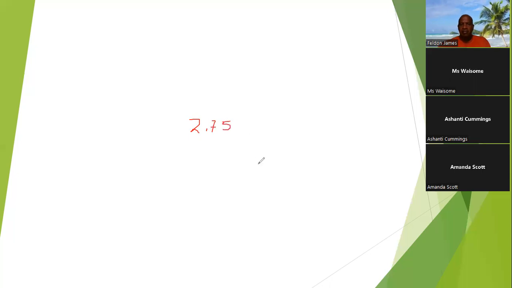Sir, the 75 behind the point would represent the power of 100. So in order to change this now to a fraction, we would jump 2 spaces to the right. So you'd get 275 over 100.